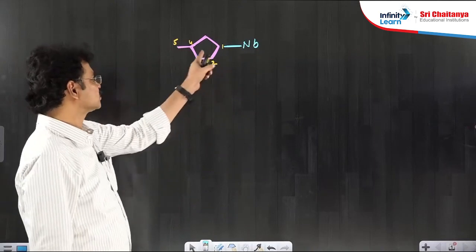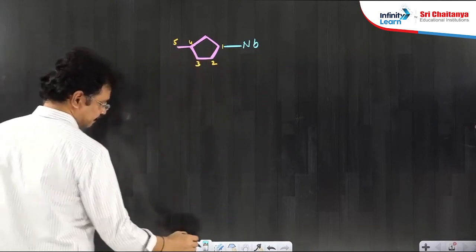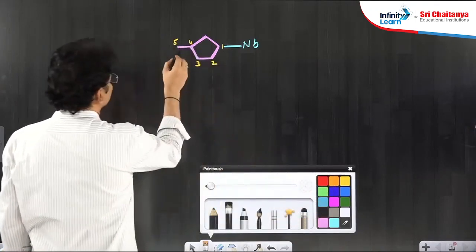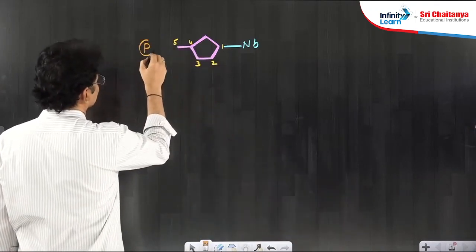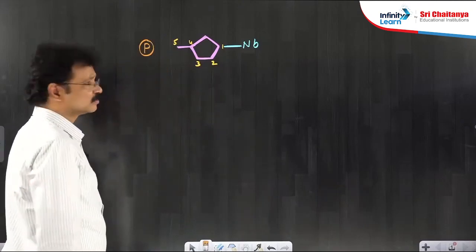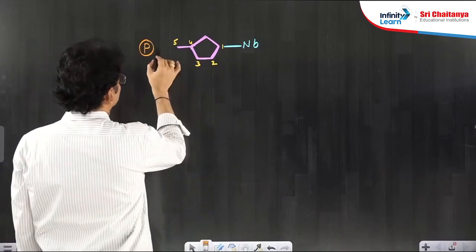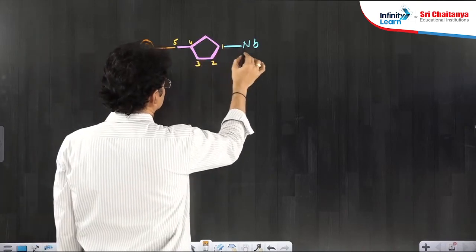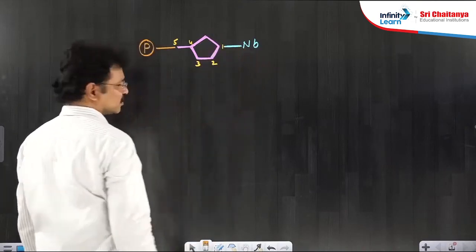Now both base and sugar together are called nucleoside. What kind of chemical compound is bound to the fifth carbon of the sugar molecule? Phosphate. The bond present between phosphate and the fifth carbon is a phosphoester bond; the first carbon of sugar to the nitrogen base is glycosidic.